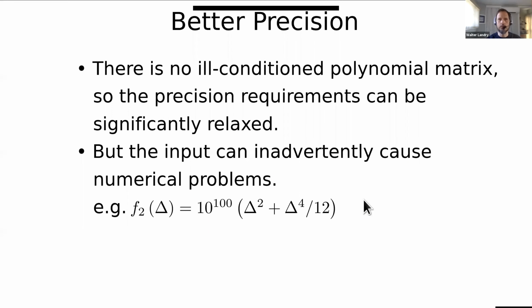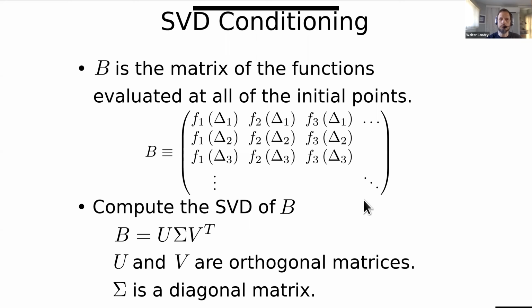So one of the things I did was condition the matrix before I actually try to solve it. We have this capital B matrix, which is evaluated at all the initial points. This B is going to change from iteration to iteration, but we're just going to look at the initial points for right now. So we have F1, F2, F3, evaluated at delta 1, delta 2, delta 3.